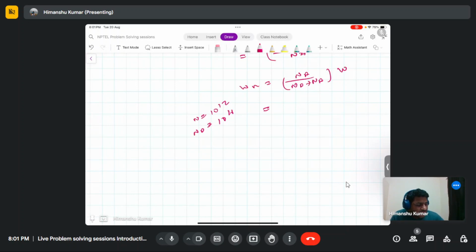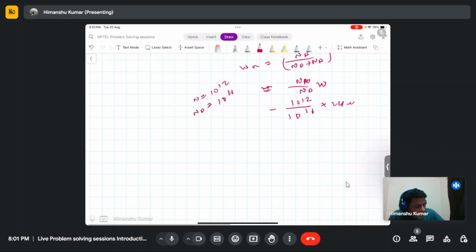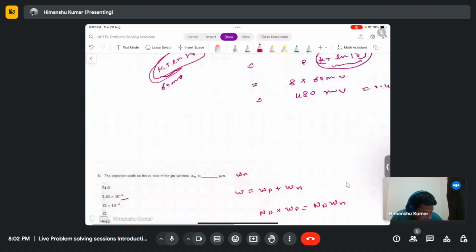So you can write this approximately equals Na by Nd times W. So this Na by Nd is 10 power 12 divided by 10 power 16, times 24 micrometer, and this will become 10 power minus 4 times 24 point something.